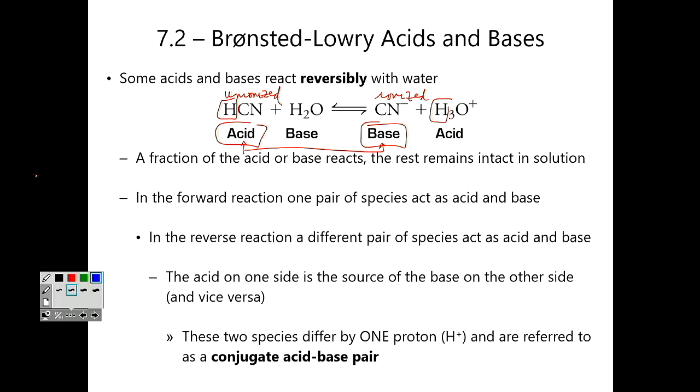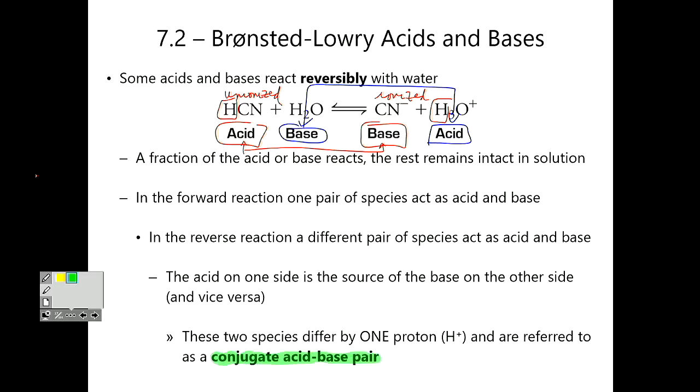If you look at the base on the left and the acid on the right, you're going to observe the same situation. They differ by exactly one proton. Okay? So we call these structures that are related structurally and differ by exactly one proton a conjugate acid-base pair.